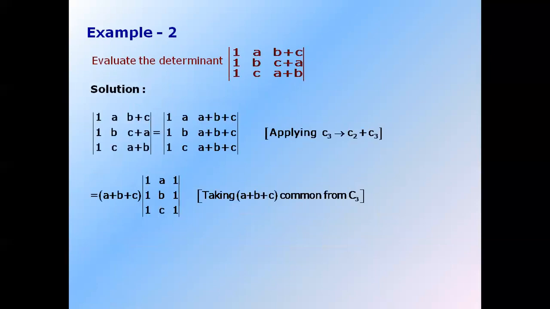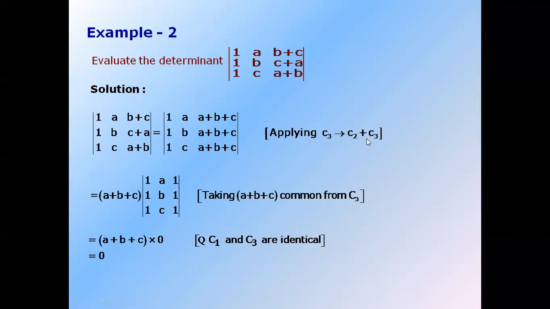Next example, evaluate the determinant 1, 1, 1, A, B, C, B plus C, C plus A, A plus B. Look here. We can add columns or we can add rows. Okay. By properties of determinants, we can solve this sum. So look here, applying operation on C3, that is C2 plus C3.